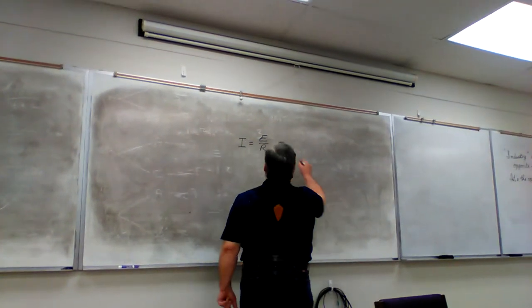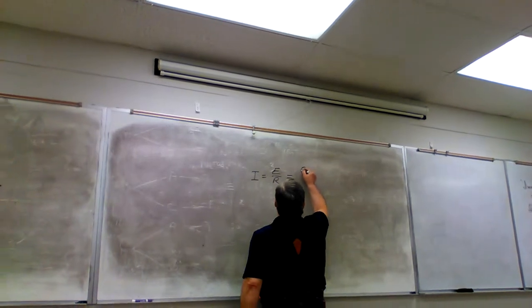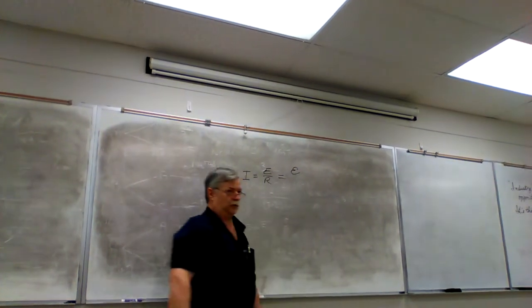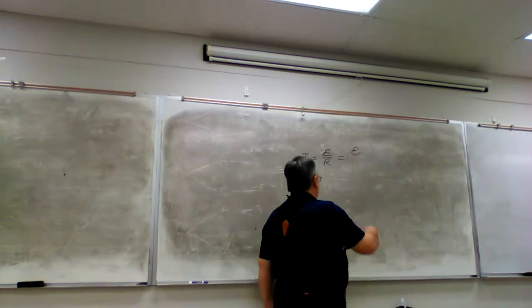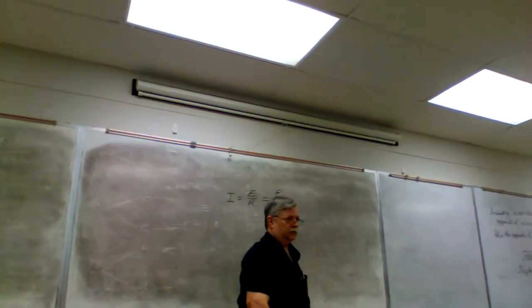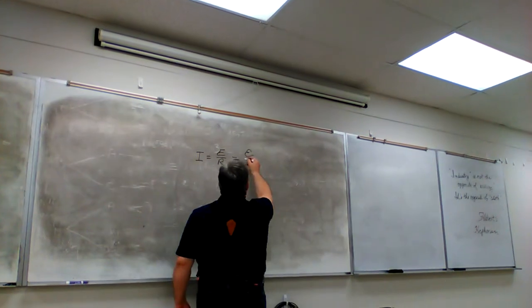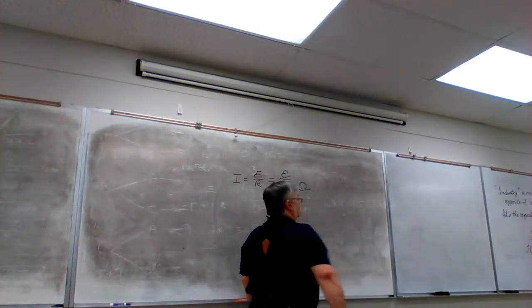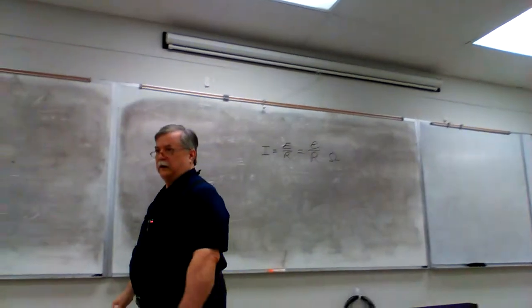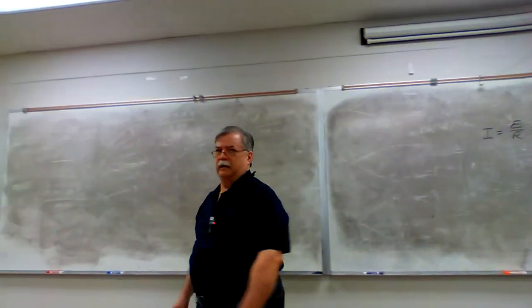Most physics books now will write this as a script E for electromotive force, as opposed to the Latin E, because that tends to confuse people with the E field. And R in ohms. The symbol for ohms is the uppercase Greek letter omega.